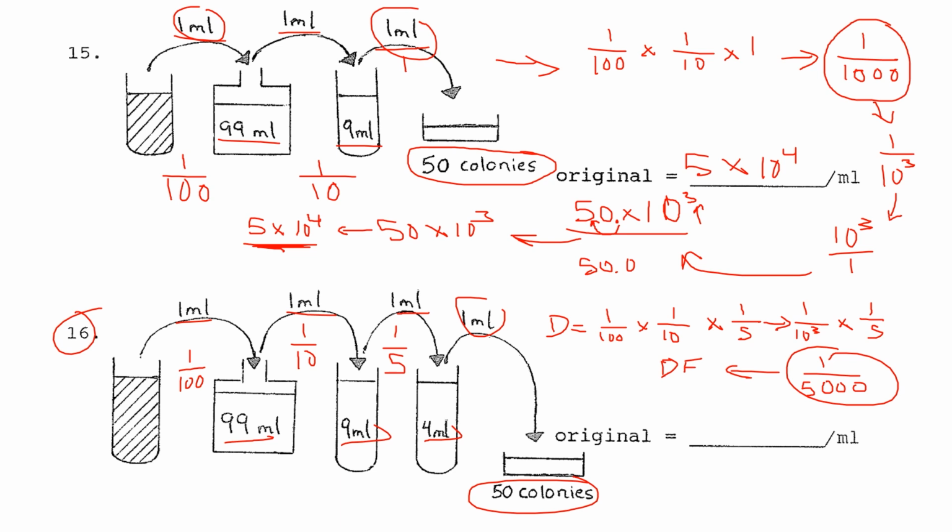And so what we have to do is do 50 times 5,000, right? And so you can do the math on that, and we'll have 250,000 colony forming units per mil, right?